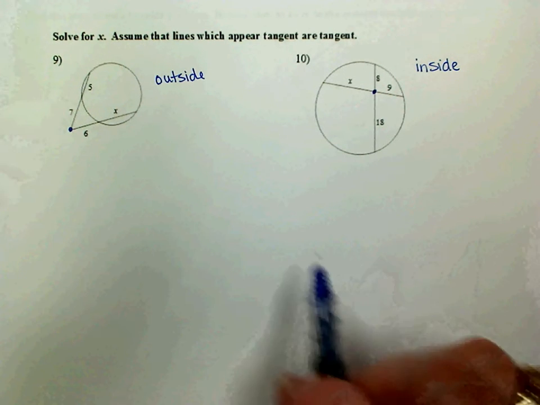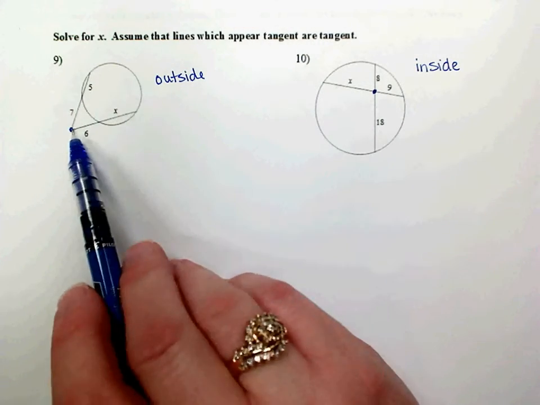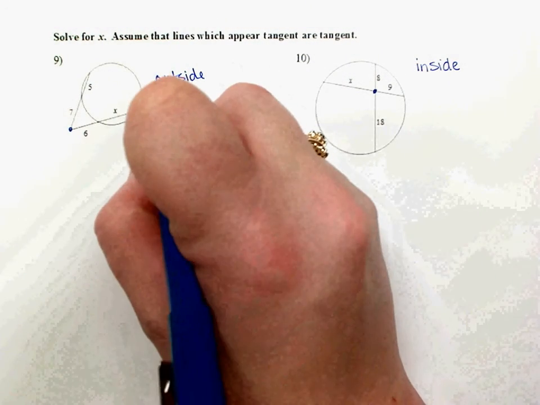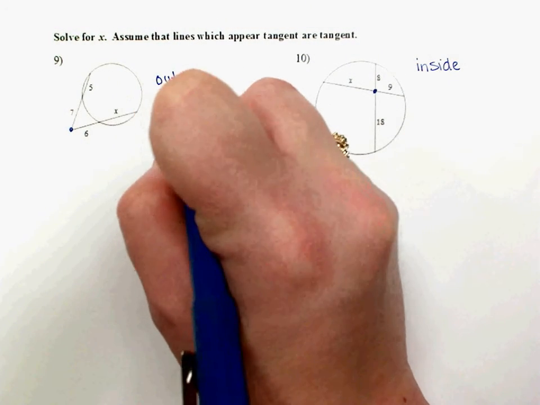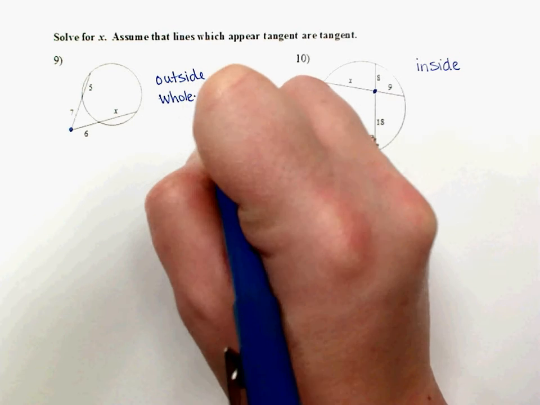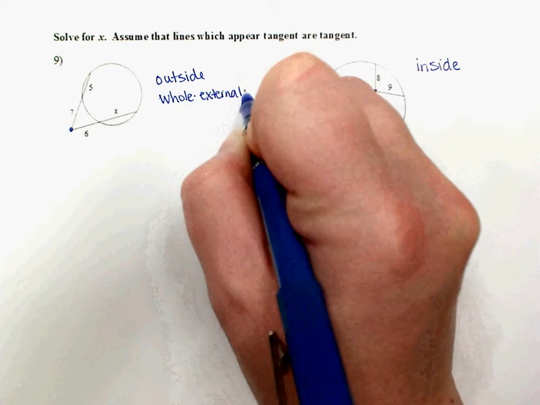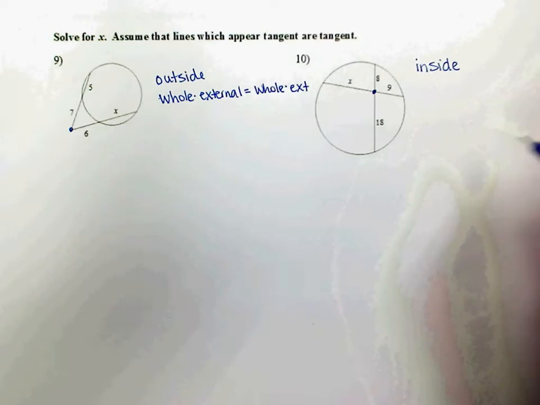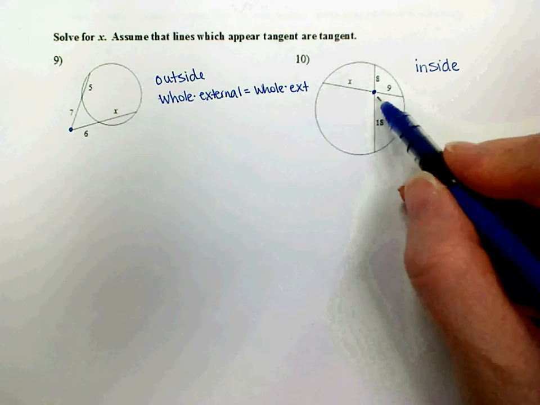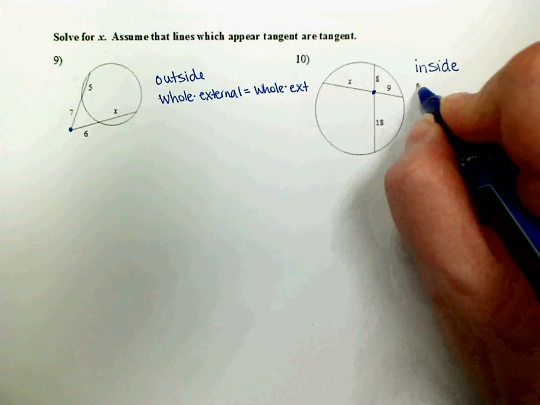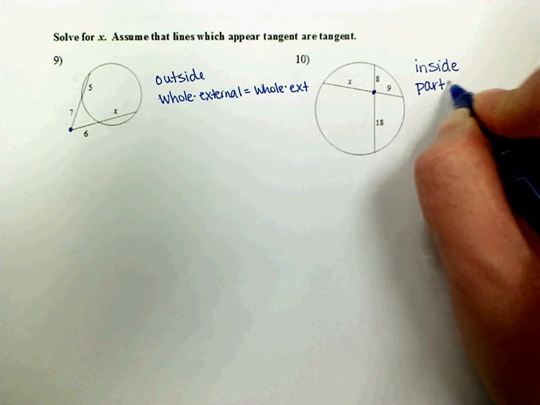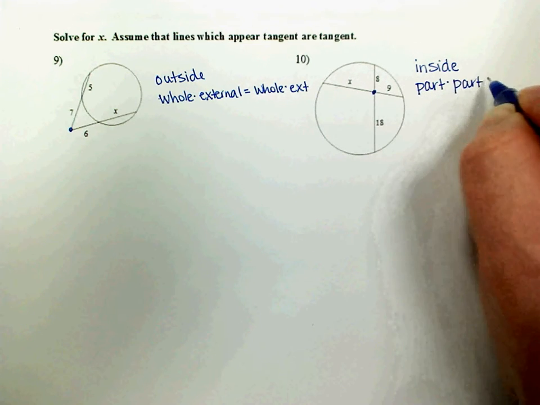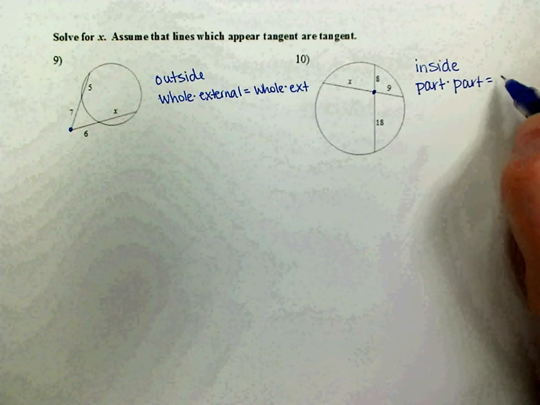When the segments intersect outside the circle, remember the relationship is whole times the external part equals whole times external of the other segment. But when the intersection is inside the circle, the relationship is part times part equals the part times part of the other segment.